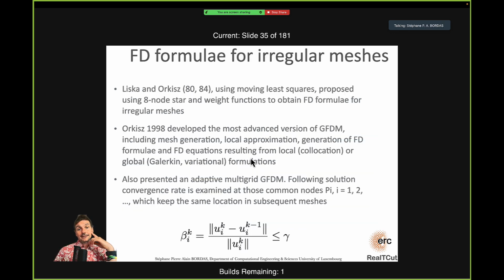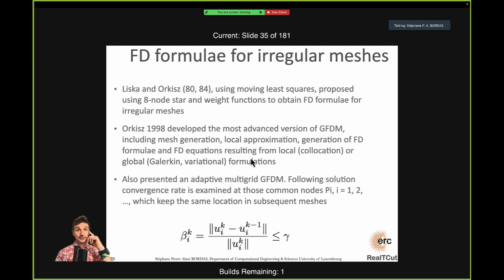And the idea is, we can easily imagine calculating a derivative by looking on the right, looking on the left, doing the difference, and dividing by the length of the interval. That would be an approximation of the derivative. So, of course, this is possible, but now let's imagine that you are in 2 dimensions and that the points are totally irregularly placed, maybe using a finite element mesh.